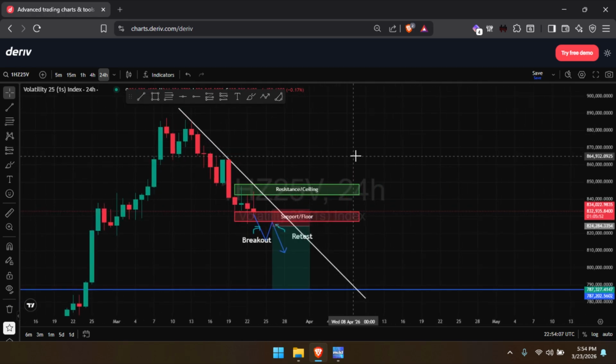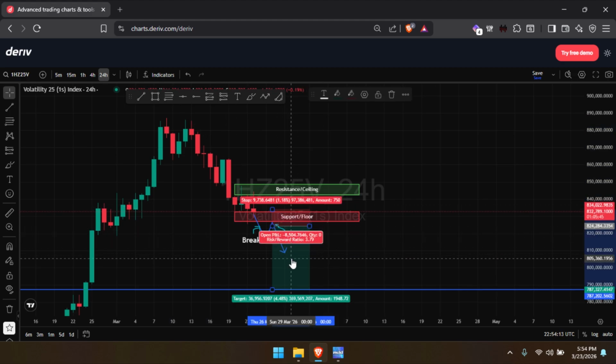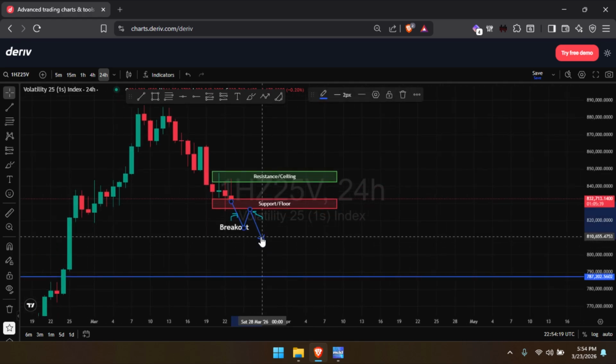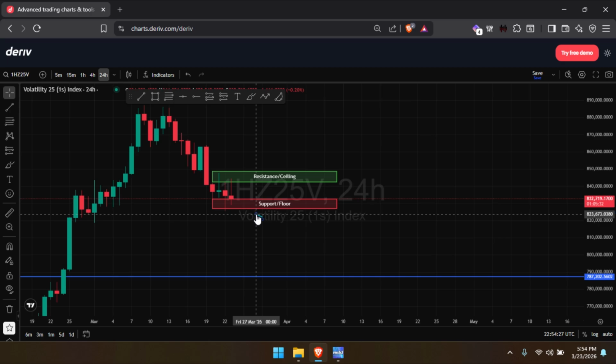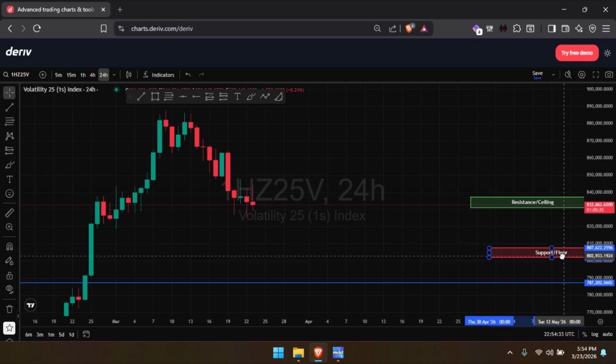So what I'll actually do, I'll just get rid of some of the stuff that's here. All right, I'll just keep the resistance and the ceiling to the side because we'll be using them shortly.